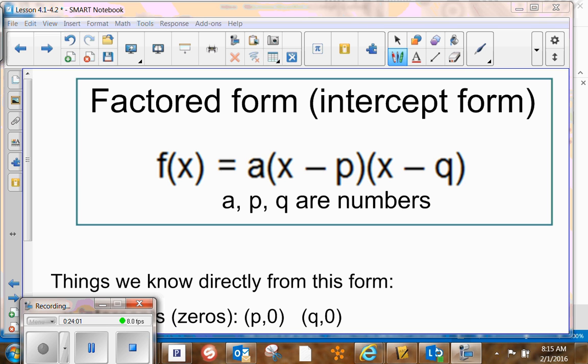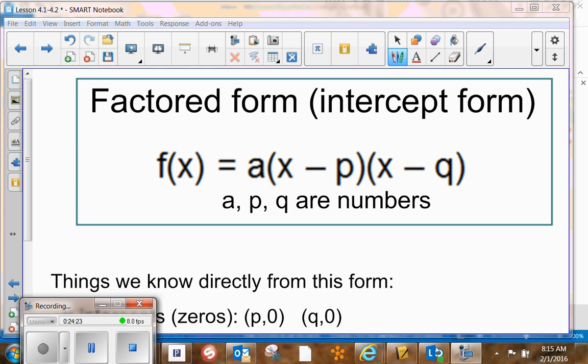So the last form, some books call it the factor form. Other books call it the intercept form. The reason for the two names is because you derive one from the other.